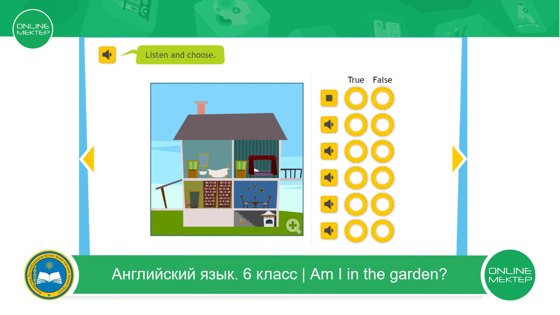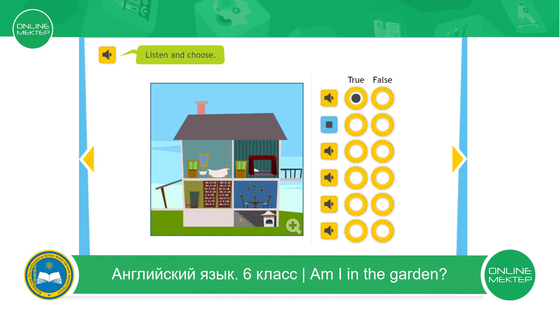Where's the dining room? It's on the ground floor. It's next to the library. Where's the kitchen?